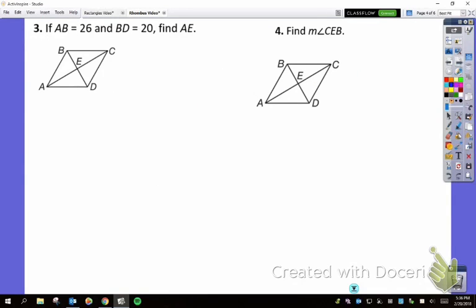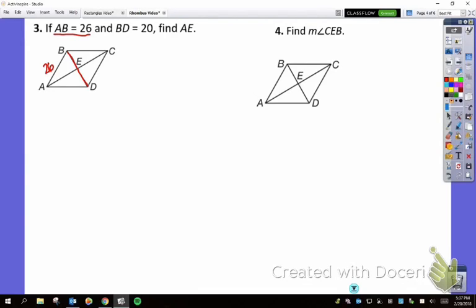Number 3 is a little bit different. We are talking about AB equals 26. That is a side length. And BD equals 20. Now, BD is this full diagonal right here. Now, in relationship to the AB, we've got to figure out if that does us any good.